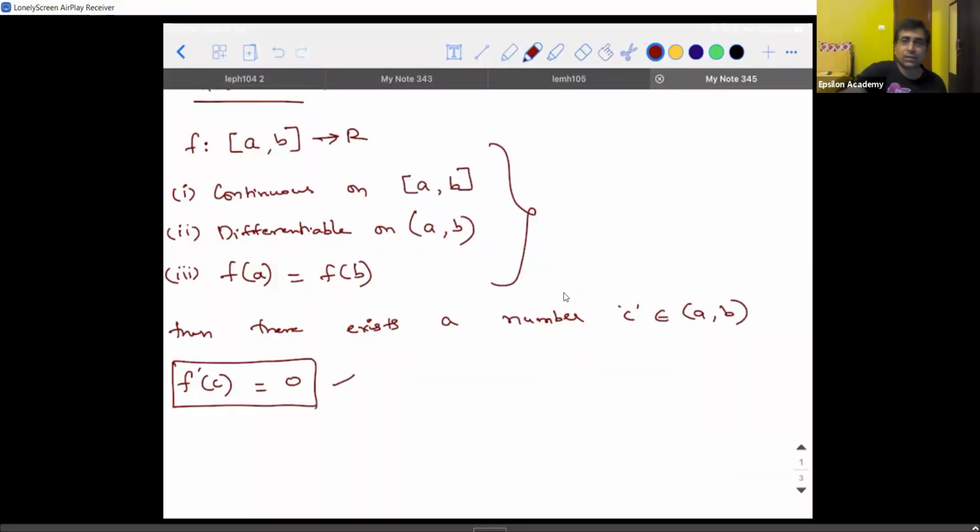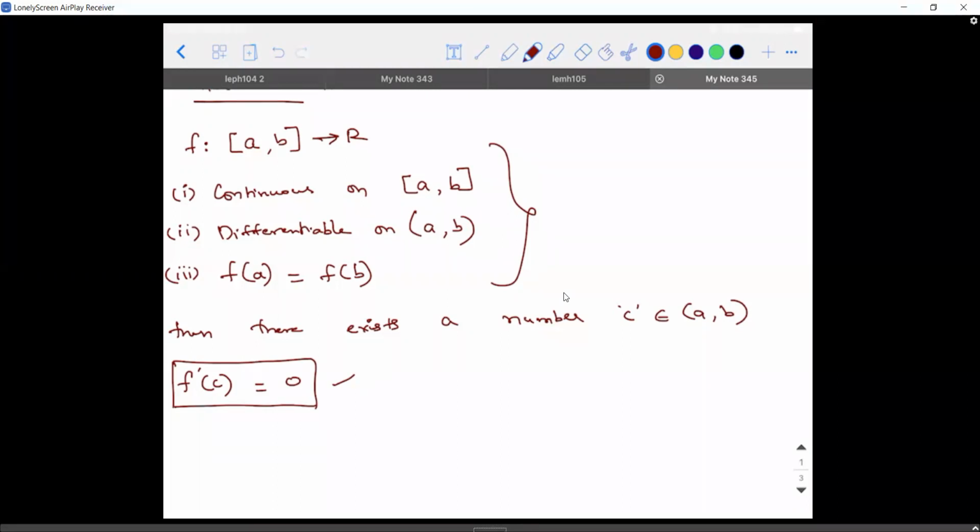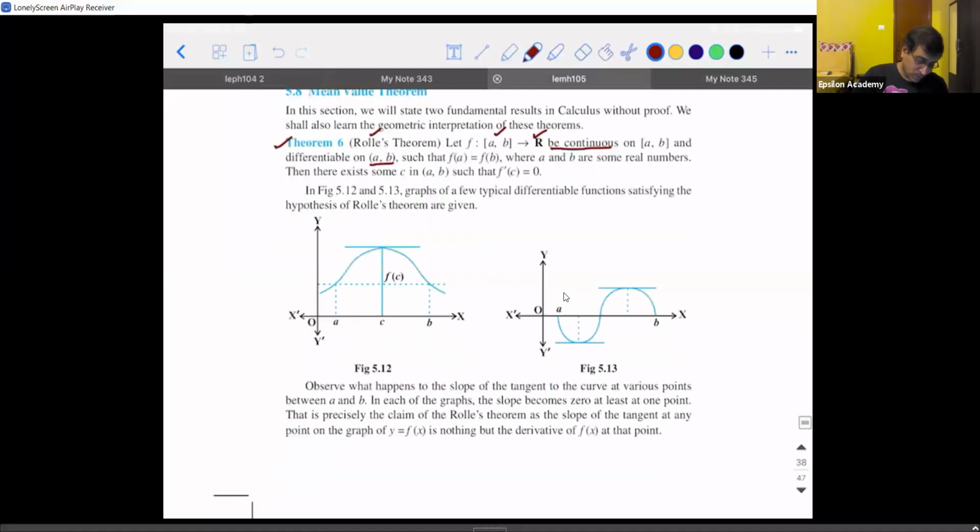Then I will explain the visual part behind it, how you are supposed to see. Please make a note of this. Done, sir. Done? Good. So let me show you.